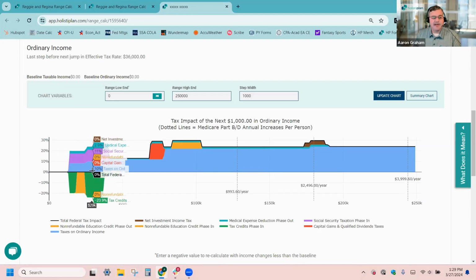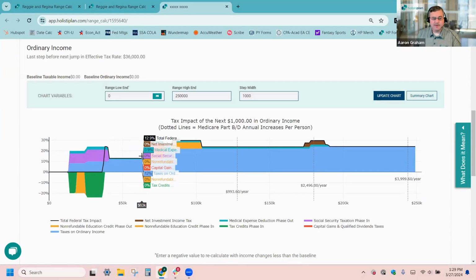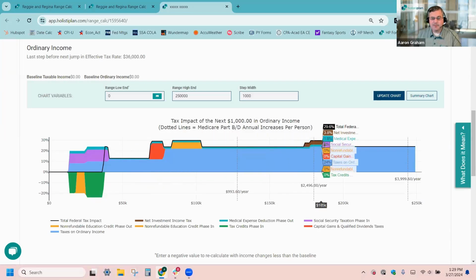So gradually, as we add ordinary income, which adds to AGI, we're bumping up that floor for medical expenses to be deductible. So that teal color represents the loss or the phase out of that medical expense deduction on Schedule A. That's why you'll see this teal color continue on entirely through this point here.